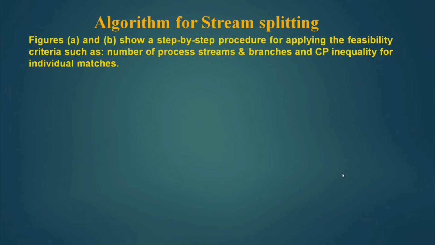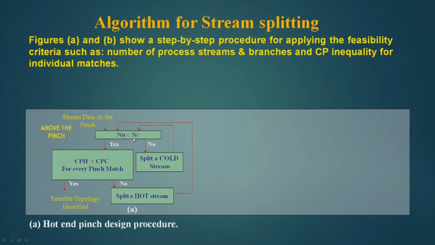Now, let us see the algorithm of stream splitting. There are 2 basic rules which control this stream splitting, that is the number of branch rule and the other is the Cp inequality rule. So, if I see it above the pinch area, then first we will check whether NH is less than NC or not.